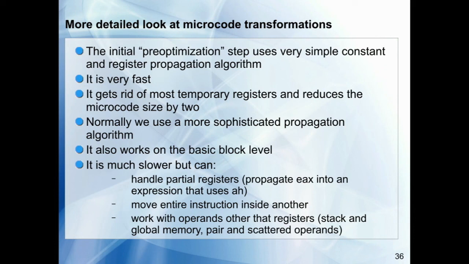And then later we will use another algorithm that will propagate partial registers. For example, we can propagate EAX into an expression that uses only part of it. It can move one instruction inside another. It can work with all kinds of operands.